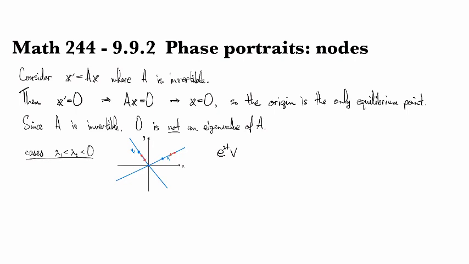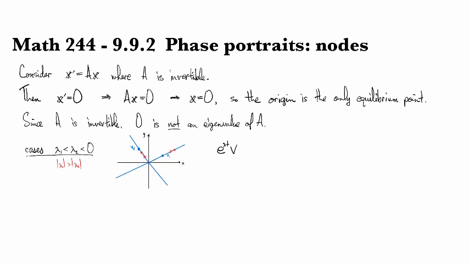Now, lambda 1 in absolute value is bigger than lambda 2, which means that its behavior as an exponential is going to be dominating. So we're going to have some large negative value and some small negative value.